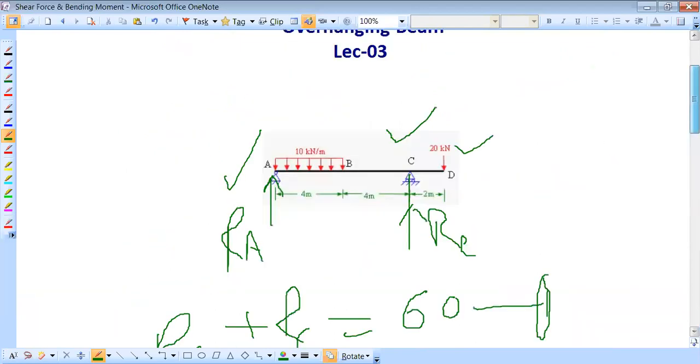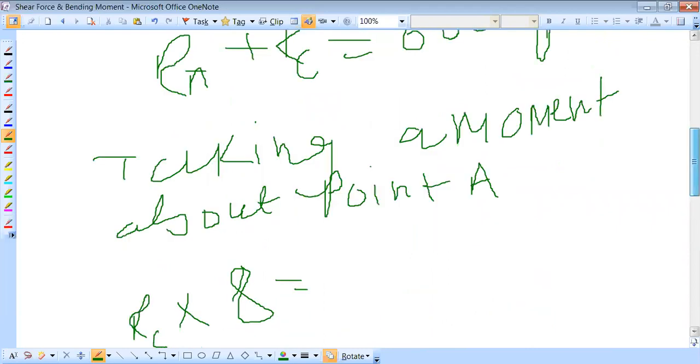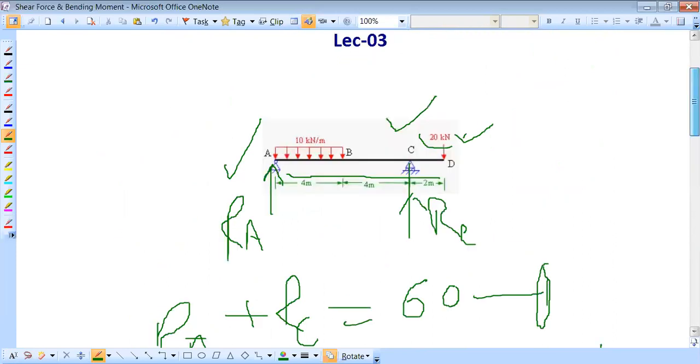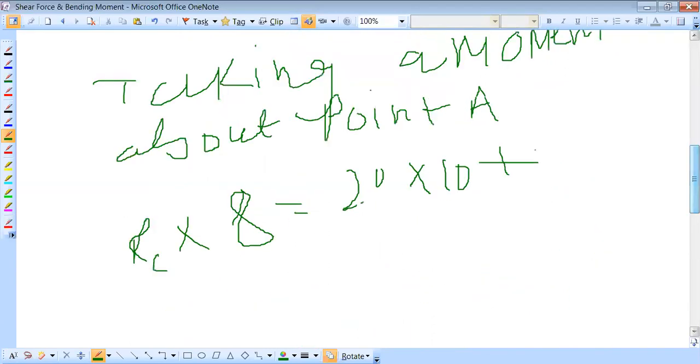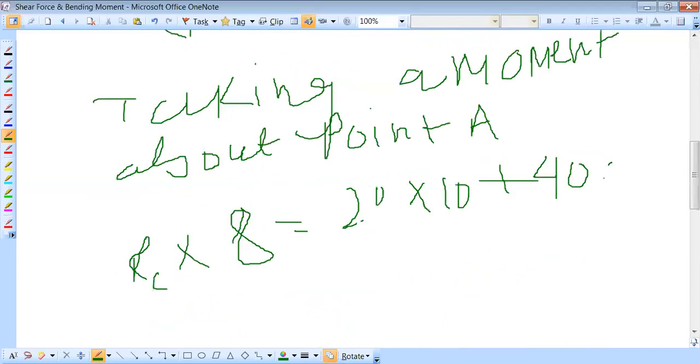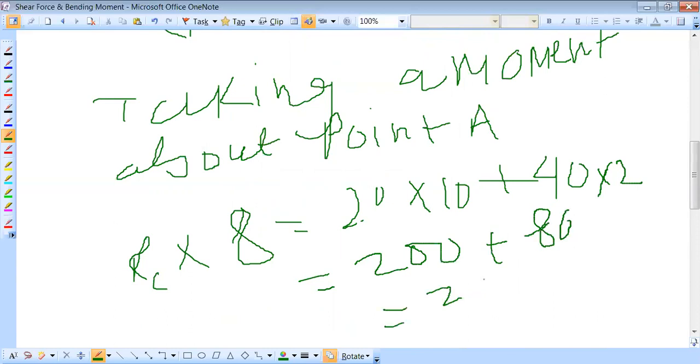Then again take the moment of 20 into 8, and the distance is 10, so 20 into 10, plus the anticlockwise moment equals the clockwise moment. Then the UDL 10 into 4, that means 40 total load, taken at a distance from the middle of the span, that means 2. So 200 plus 80, that means 280.